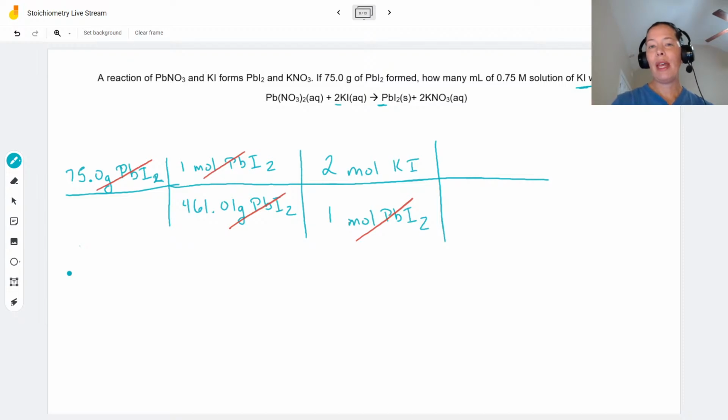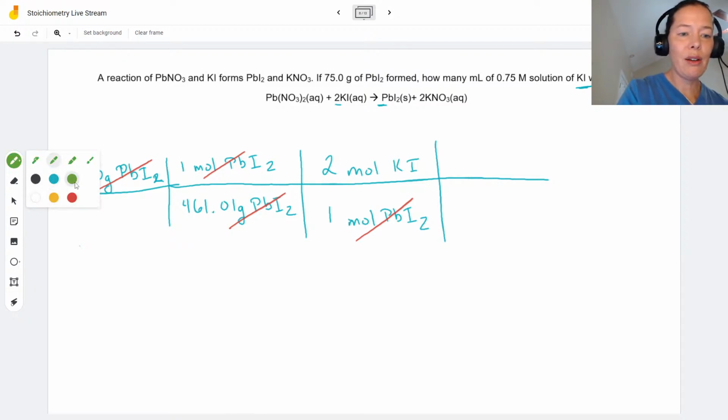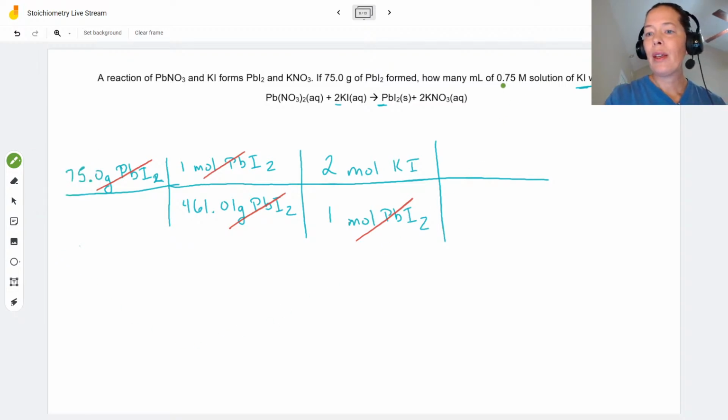Now that I am in potassium iodide, now I'm going to need to deal with concentration. Okay, so let's do a little bit of review here. When you have concentration and you have molarity, remember that molarity is your moles of solute over your liters of solution.